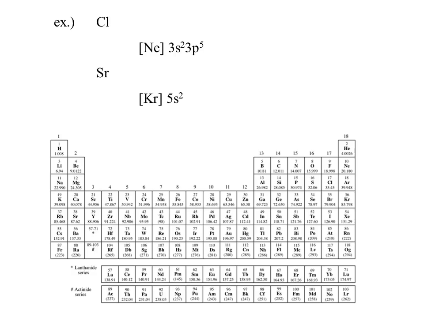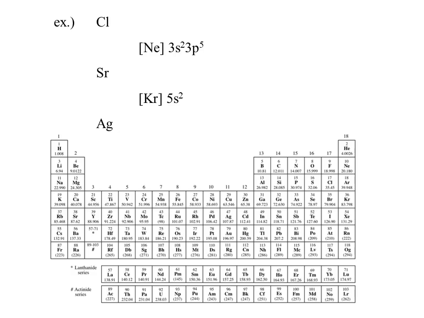All right, so let's try another one. Let's do this with strontium. Now, I want you to find out where strontium is. Figure out what the noble gas before strontium is. Write that noble gas in brackets. And then I want you to write what comes after that noble gas. So here's the answer.